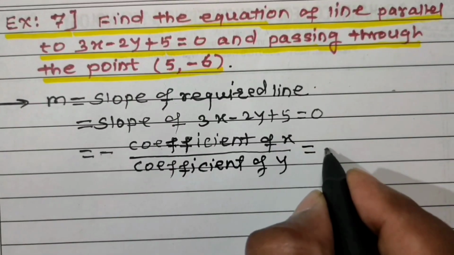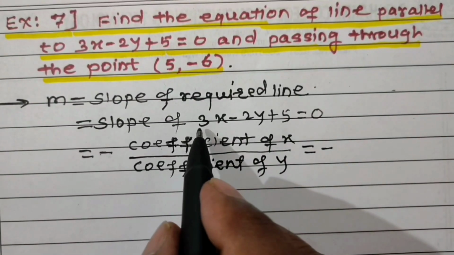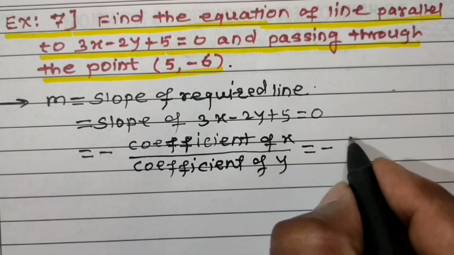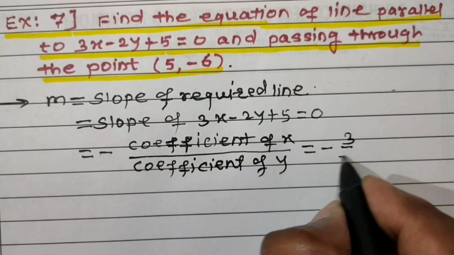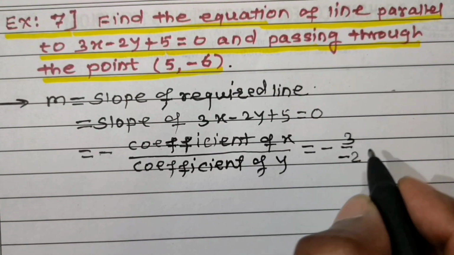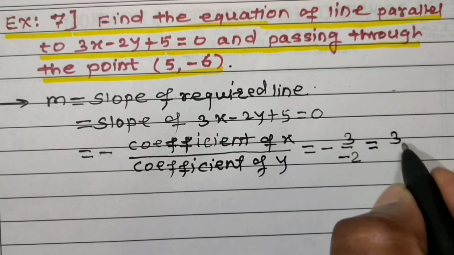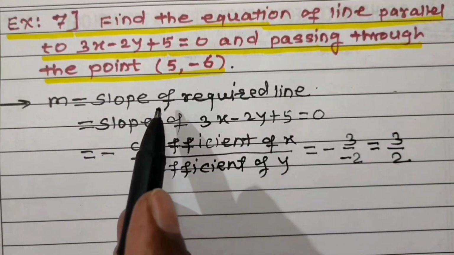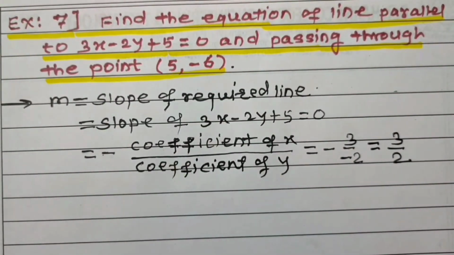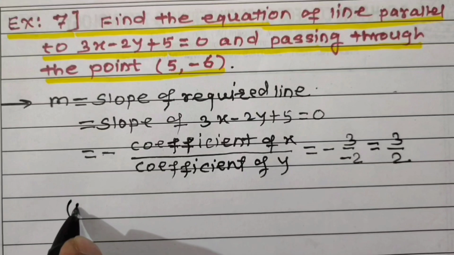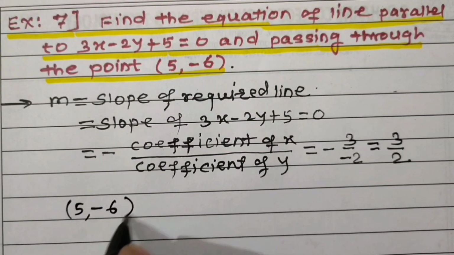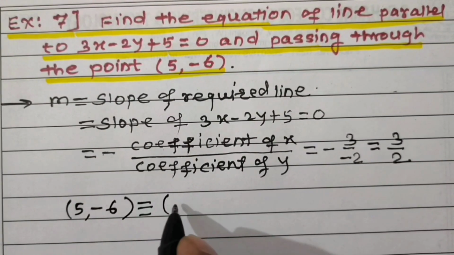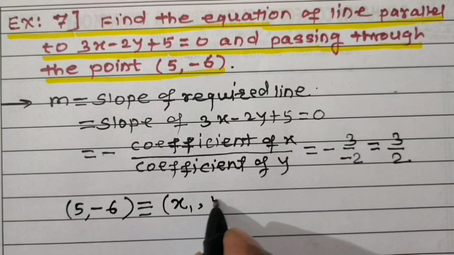Here the coefficient of x is 3 and the coefficient of y is minus 2. So 3 upon minus 2, minus into minus is plus, so this is equal to 3 upon 2. The required line passes through this point, 5 comma minus 6, which is the point with coordinates x1 comma y1.